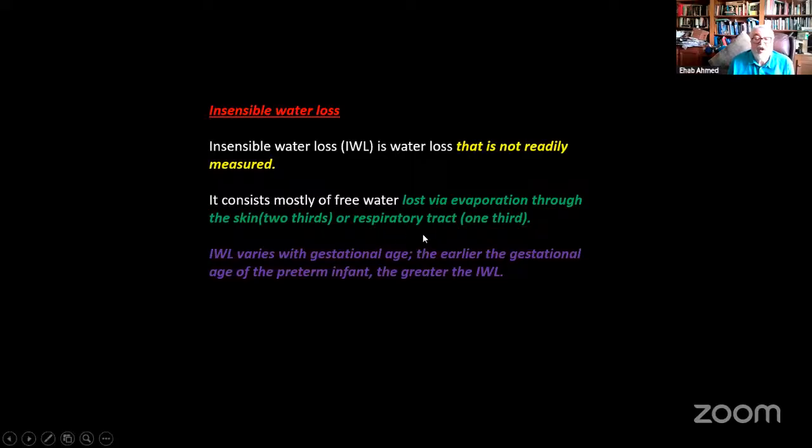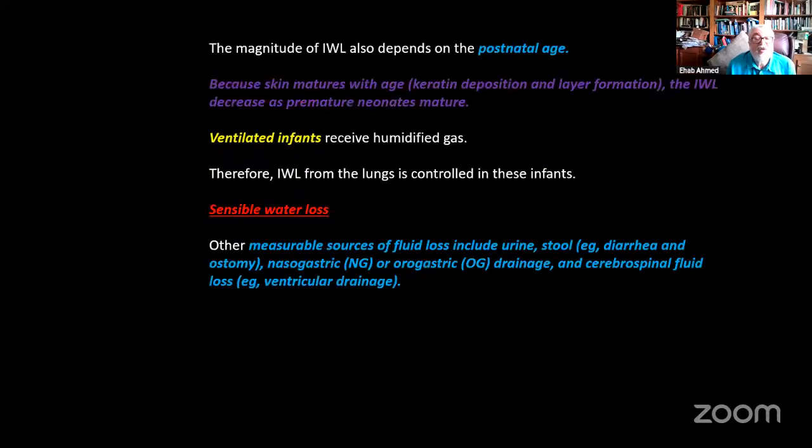That's why the fluid requirements of the preterm baby are higher compared to the term baby. Okay? Because skin matures with age, so this insensible water loss decreases with gestational age, decreases with maturation. So in day 1, it's different from day 2, day 3, and if the baby is term, it's totally different from a preterm baby.